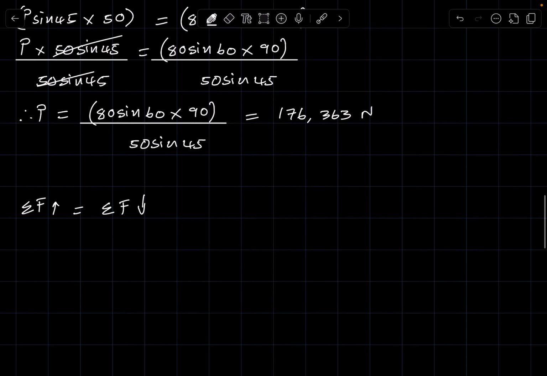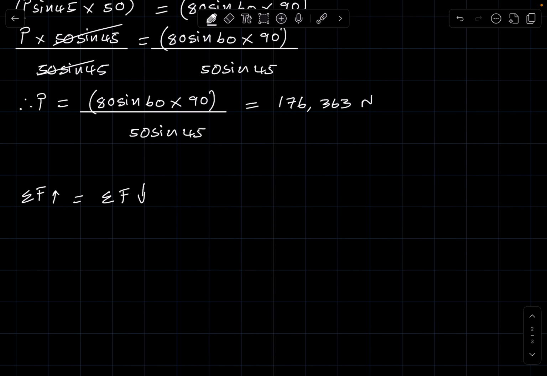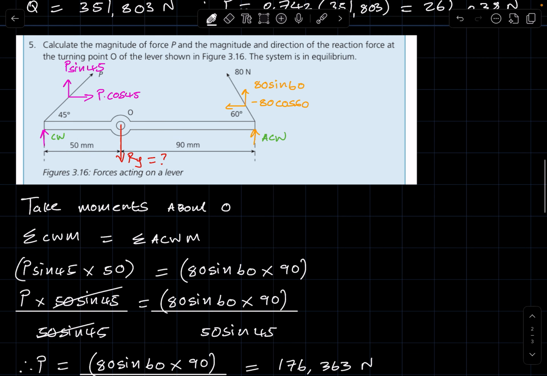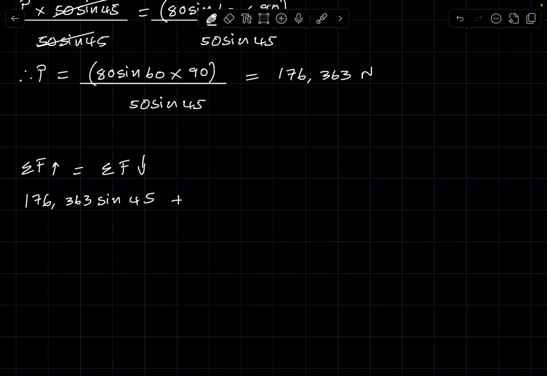Forces going up are this P sine 45 and this AT sine 60. Now P is 176,363 sine 45. The force that's going up is P sine 45, and the value of P is this one here, plus the 80 sine 60 is equal to the force going down, which is the reaction force in the y direction.